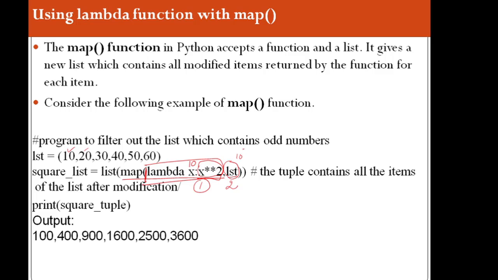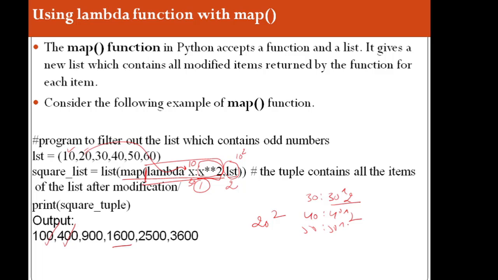Now 10 to the power of 2 becomes 100. Then it has taken 20, so 20 raised to the power of 2 becomes 400. The next item is 30, so 30 to the power of 2 becomes 900. 40 to the power of 2 is 1600.